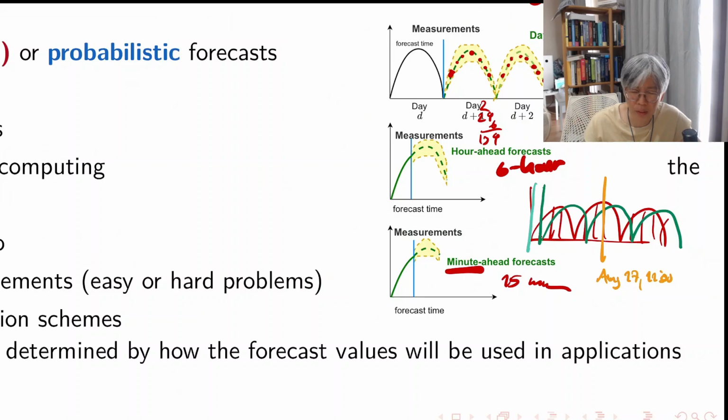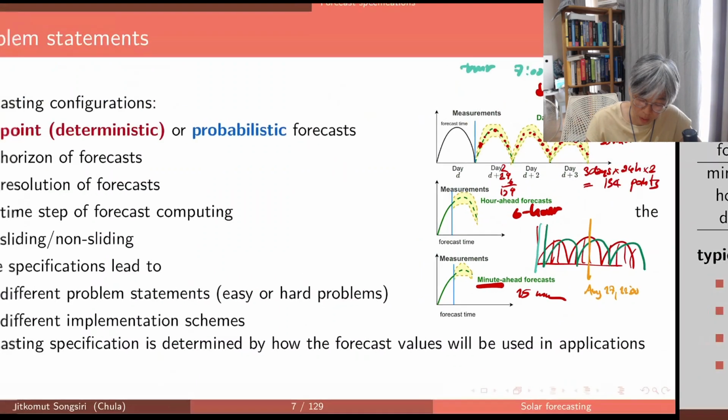But when we look at the model performance and the details, there are a lot of other aspects that have an impact on the model performance. I will explain this in another video when we talk about the performance evaluation.